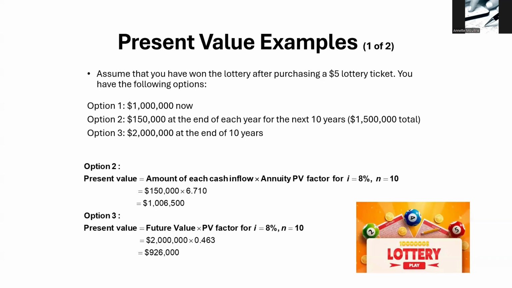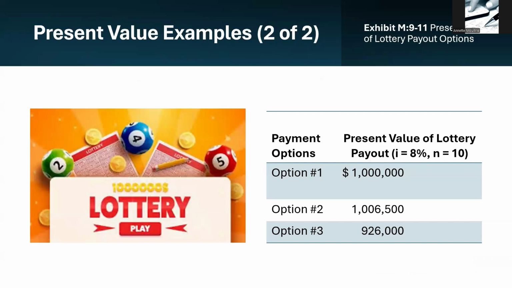In other words, if we convert each payment option to its present value, we can compare apples to apples. Here in this example, it shows each payout option converted to a common basis, what it is worth today, so we can make a valid comparison among the options.